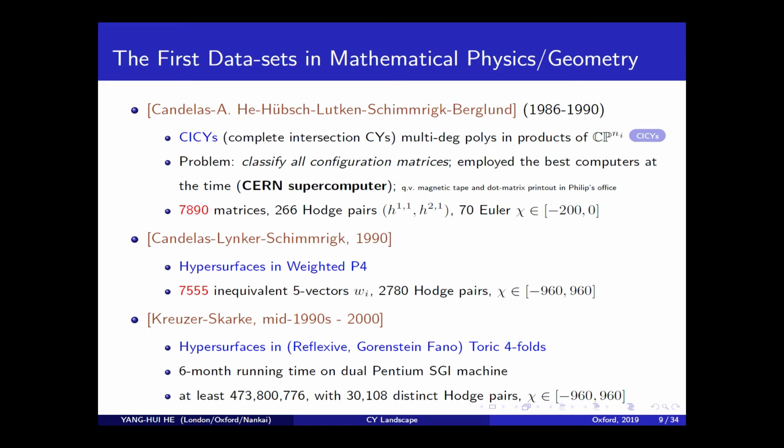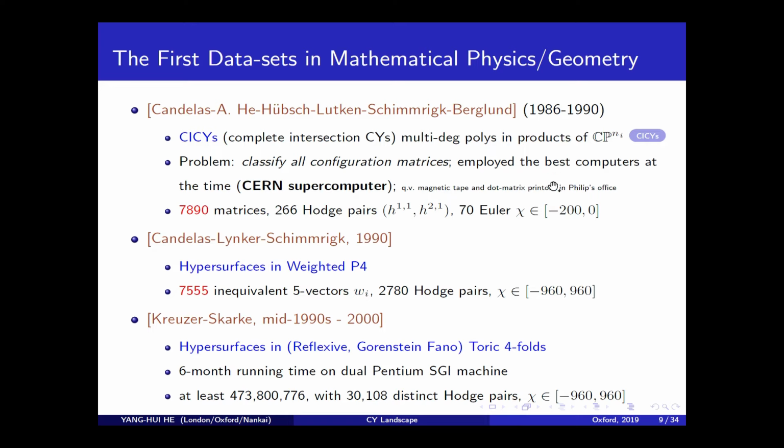And it was already realized at that time that this problem was so difficult for the then available computers that they had to turn to the best computer available at the time, namely the CERN supercomputer. You can ask Philip about all the stories about this. In the classification, they found about 7,000 to 8,000 of these manifolds with certain distributions of Hodge numbers.